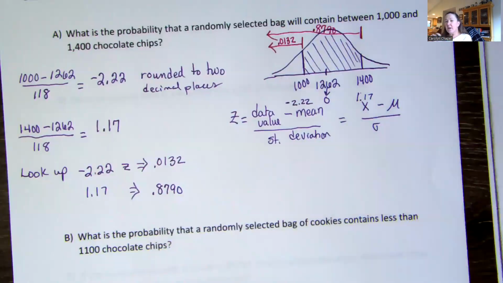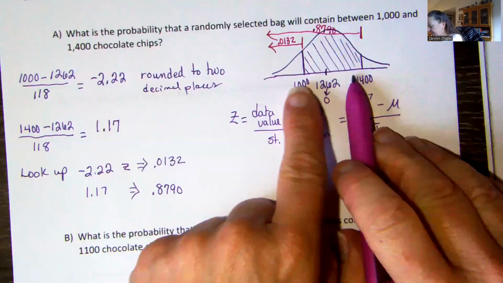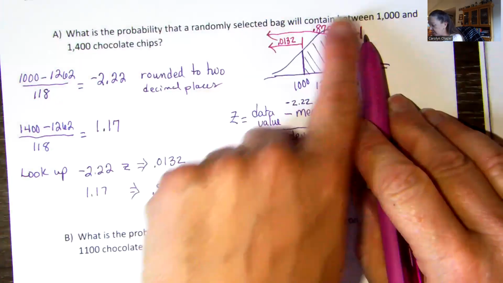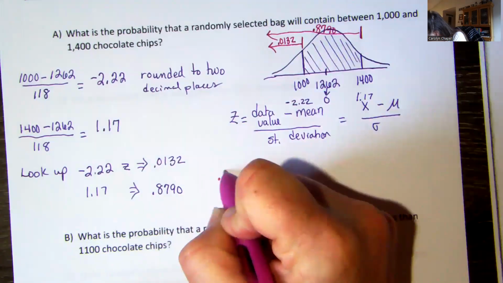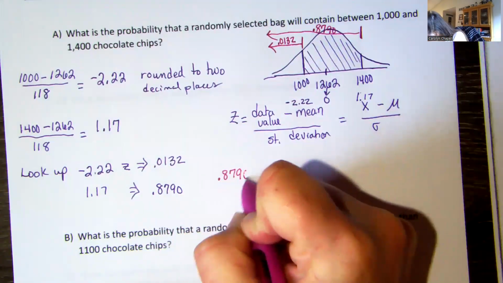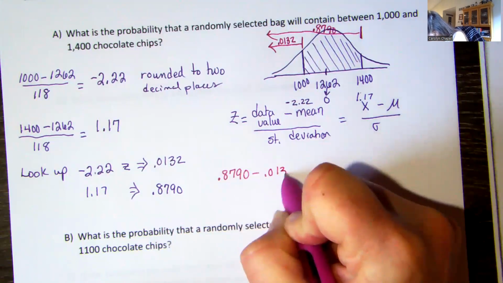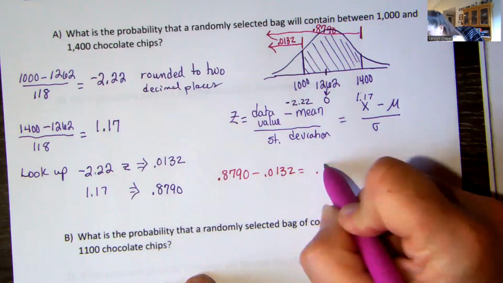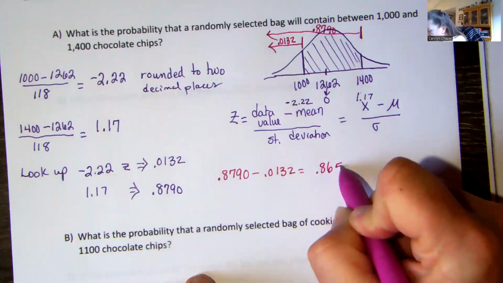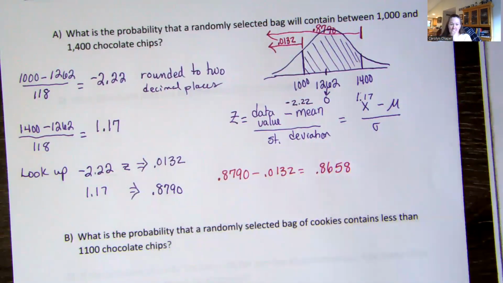To find the area between them, we take our large area, which includes this piece as well, and get rid of that. So we do our subtraction and come up with 0.8658. That would be the probability that a randomly selected bag contains a number of chips in that region.